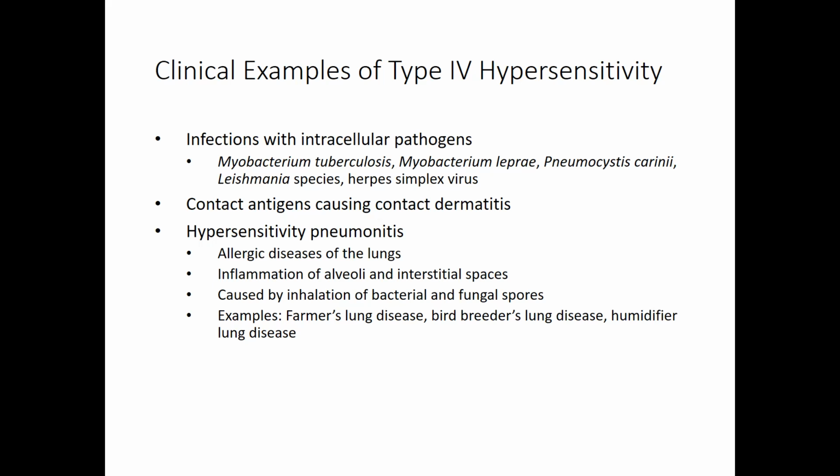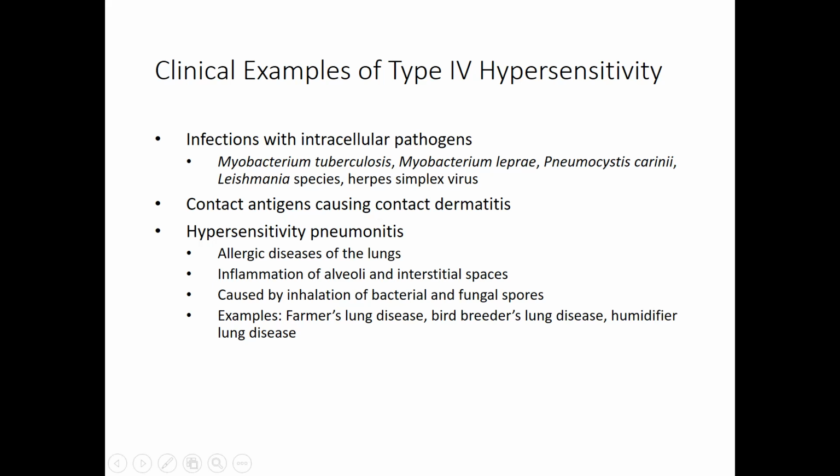Leishmania, some of the other specific things that can be kind of intracellular, Leishmania species, some of the herpes viruses, specifically herpes simplex virus. Those are all things that are intracellular. So that's the key with hypersensitivity, right? We have things that are intracellular.